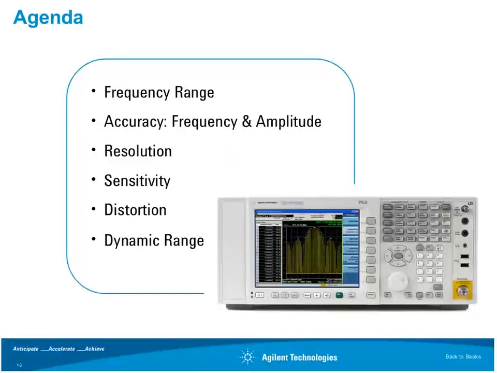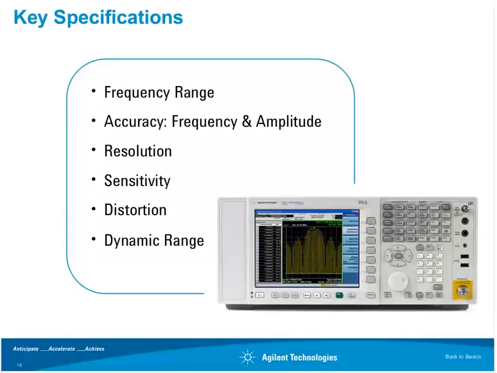Okay, now let's take a look at some of the important specifications that people are concerned with. These would include things like frequency range. I think that's probably the most basic one. You have to have an instrument that covers the frequency range of the signal you're interested in. Obviously, we're going to be concerned with the accuracy, both frequency and amplitude accuracy of the measurements we make.